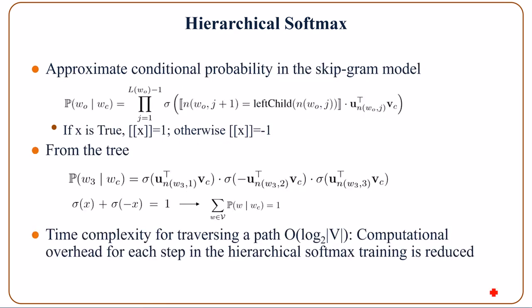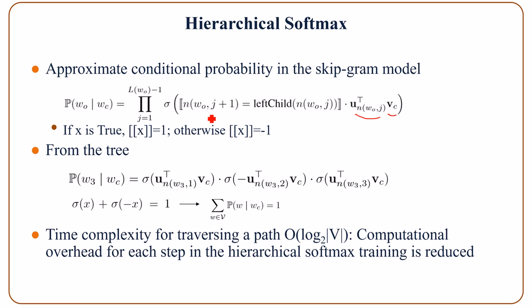Now let's approximate the conditional probability in the skip-gram model. The probability of the context word WO given the central target word WC is the product of a number of terms. Each term is basically a sigmoid function of the inner product of the word representation of the context word and the central target word.